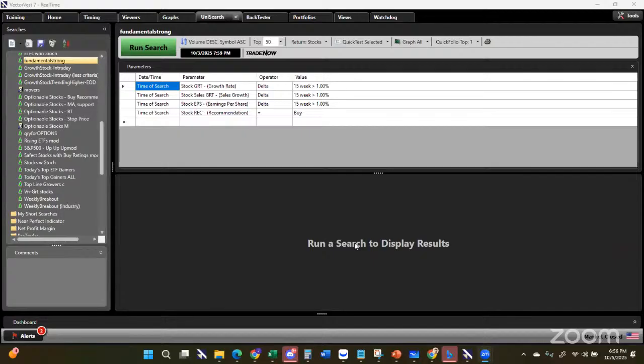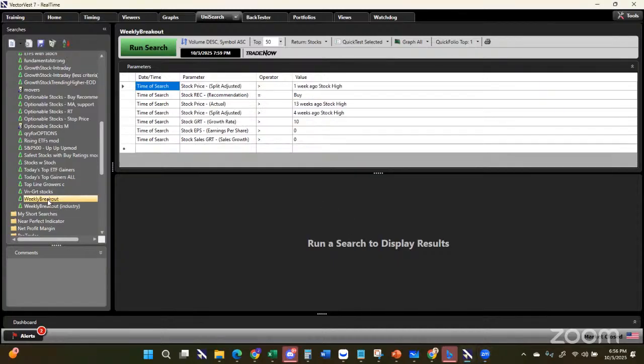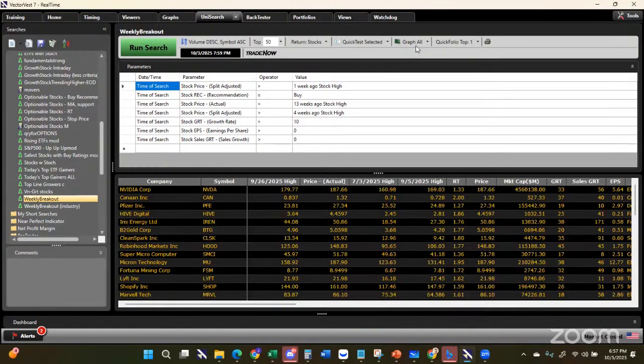The way I look at which ticker symbols stand out from last week is I look for something that's breaking out in a weekly chart, and I have a query for that. So this is the query.